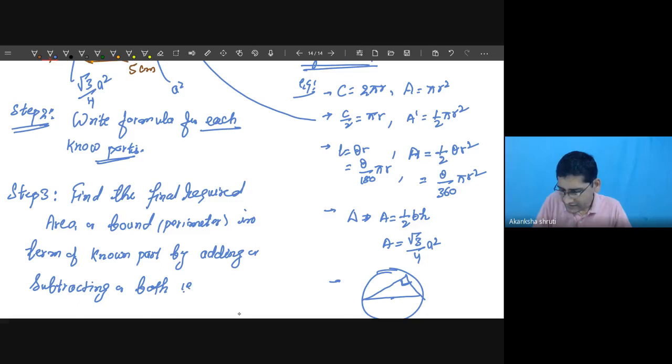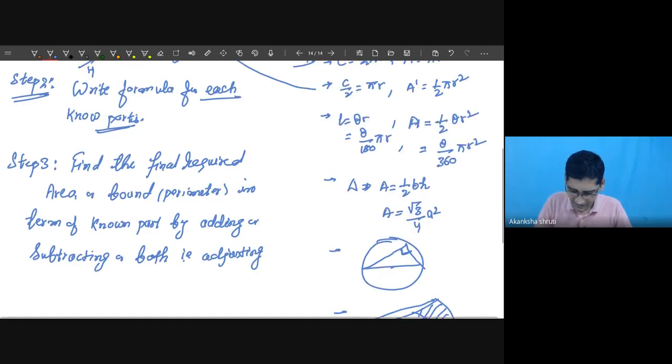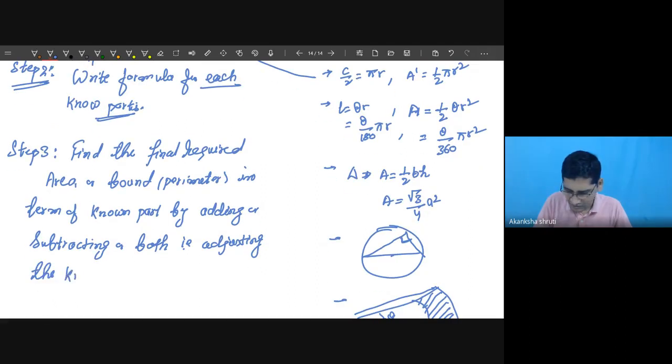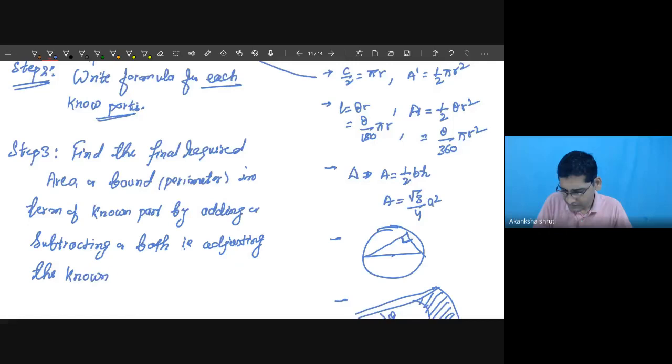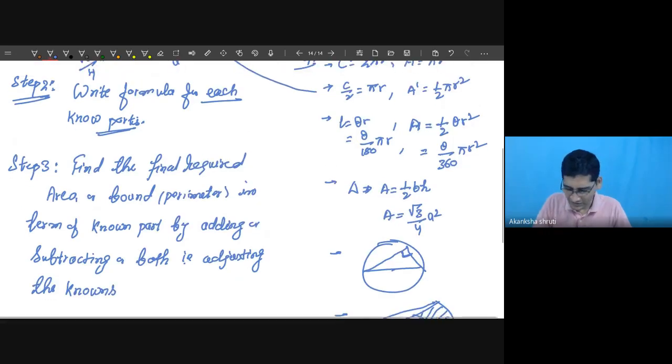That is adjusting the knowns, or whatever we have calculated, so that we finally get it. Okay, it's so simple. Getting it now?